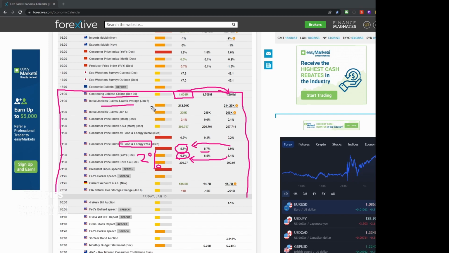The jobless claim 4 weeks also dropped compared to this one, and jobless claim January 6th dropped. So when all these figures have dropped from the previous, that means there are more workers working.